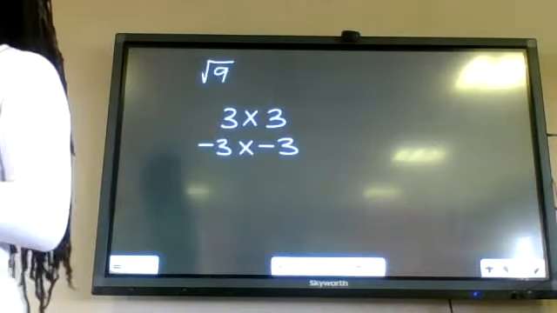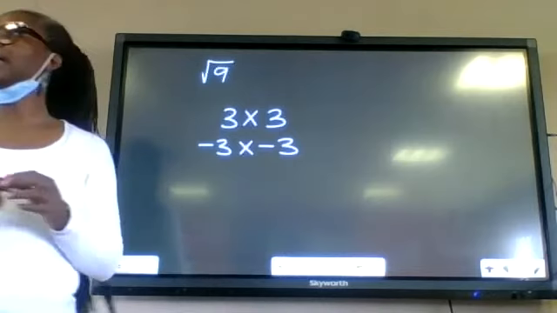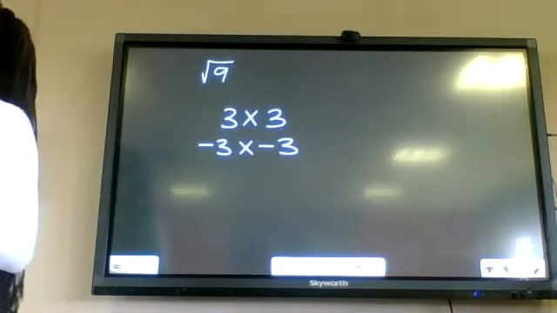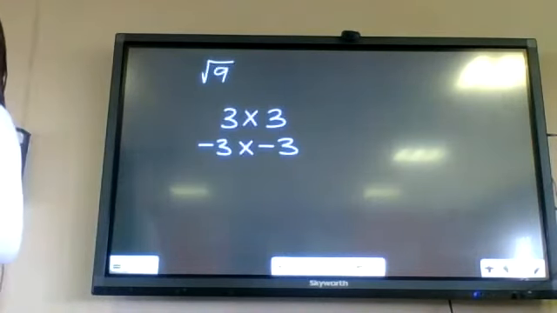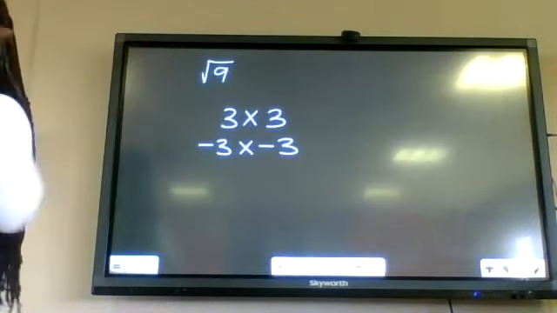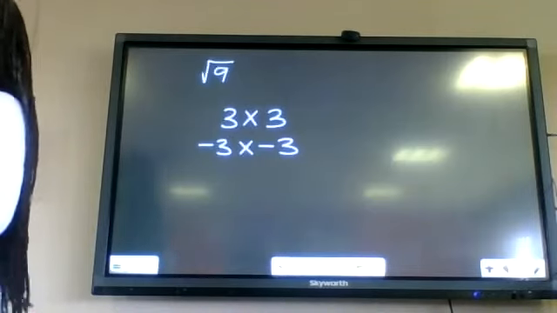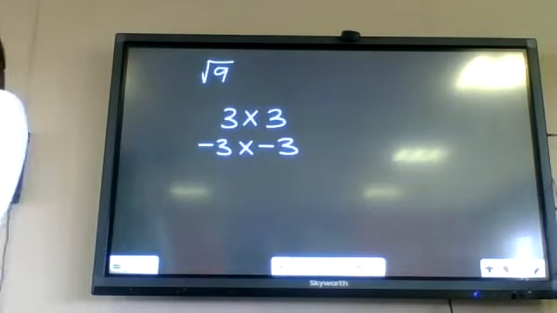Okay, so the square root of a number can be positive or negative because both of them will qualify. 5 times 5 will give me 25. Negative 5 times negative 5 will still give me 25. And what is the square root?